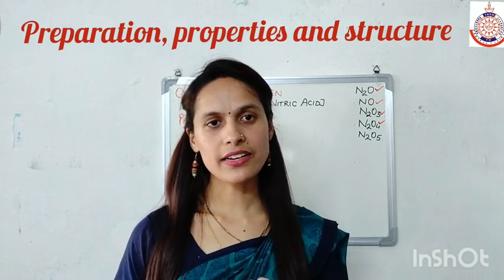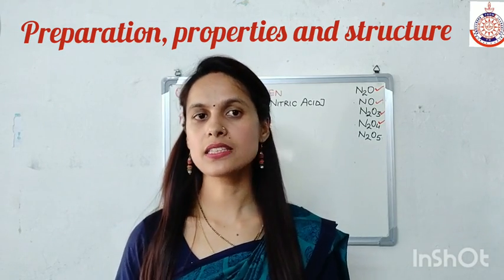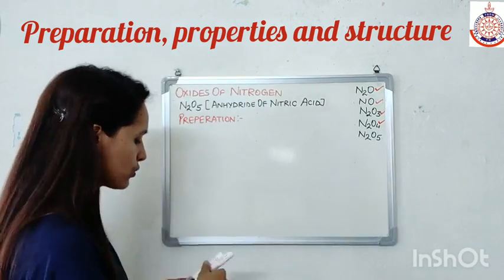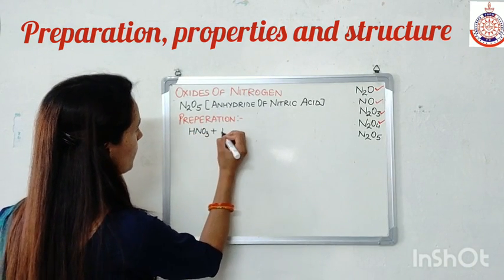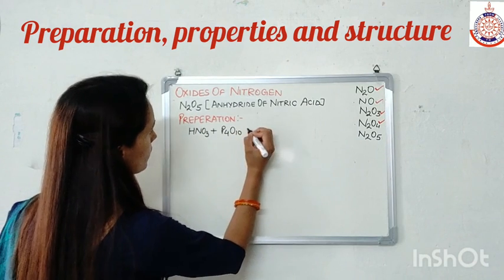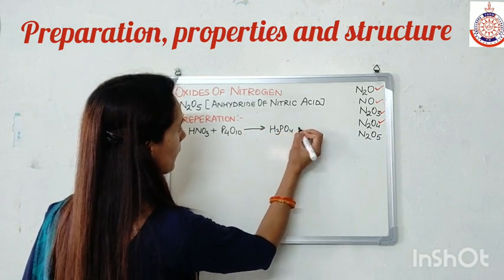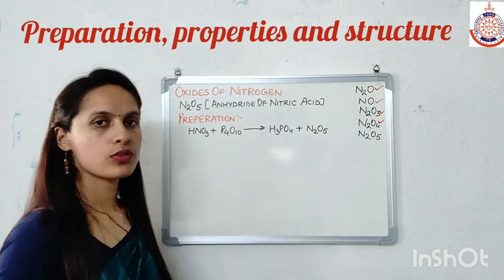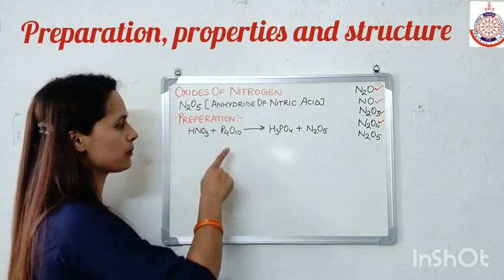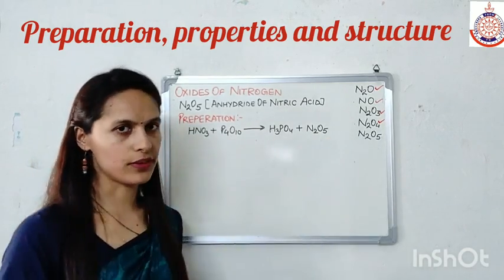When we react nitric acid with phosphorus pentaoxide, then we get N2O5. So when HNO3 reacts with P4O10, it gives H3PO4 plus N2O5.